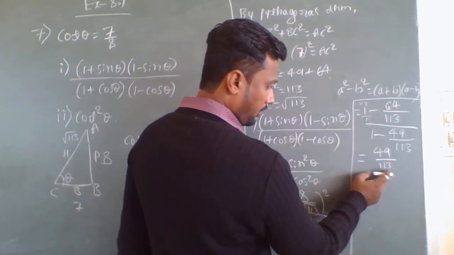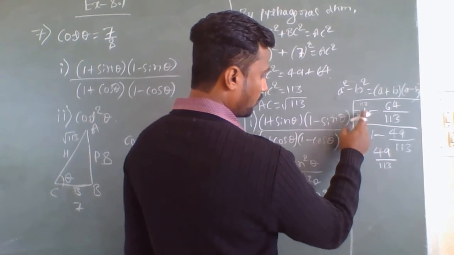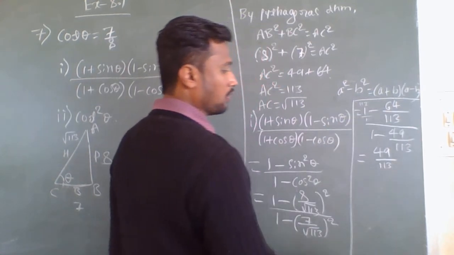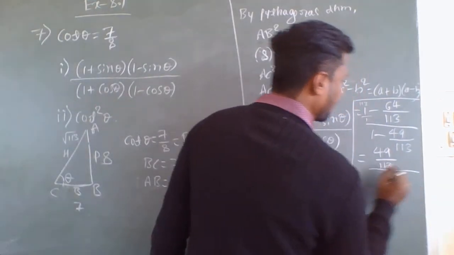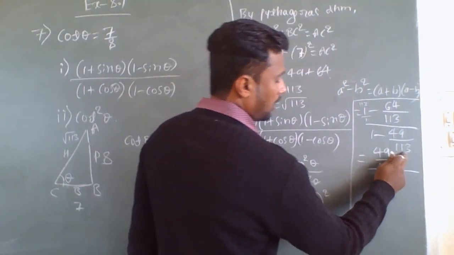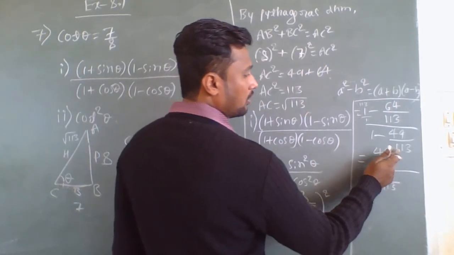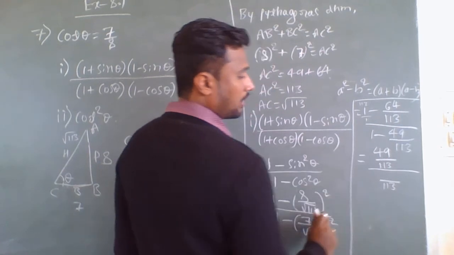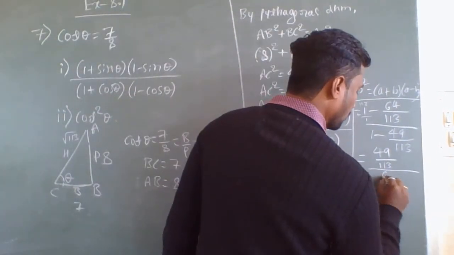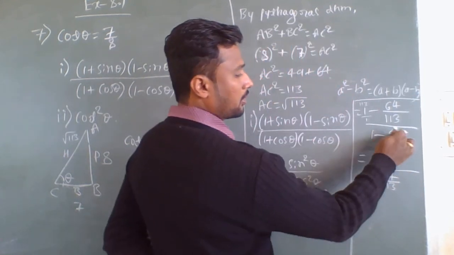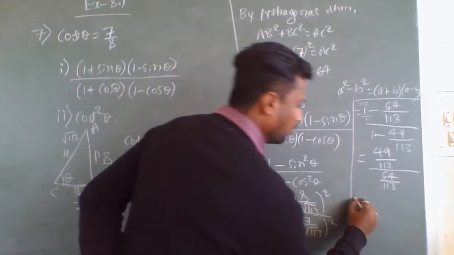Here we have taken 113 as LCM, so we get 49 by 113, divided by, here also we will take 113 as LCM, so 113 minus 49. 113 minus 49 means 64.